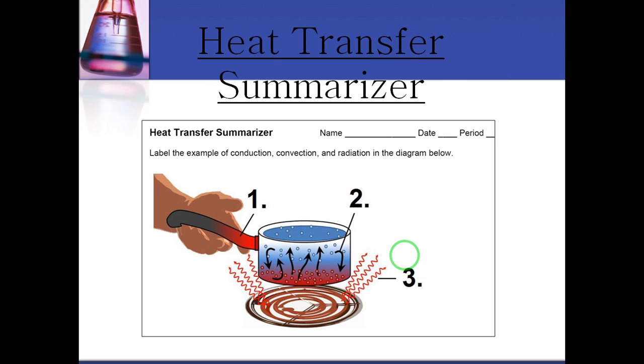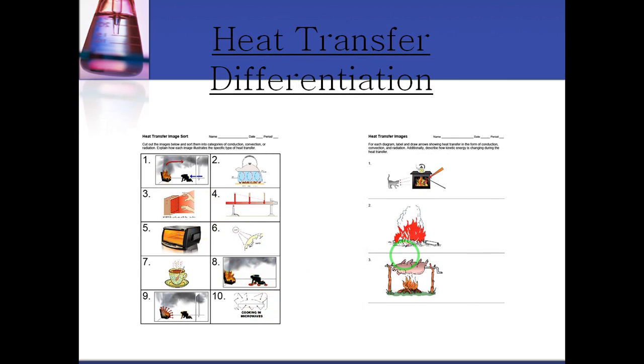You can dismiss this, I've discussed it before. So the first question is to describe the convection, either inside or outside. The second question is to differentiate this heat transfer.